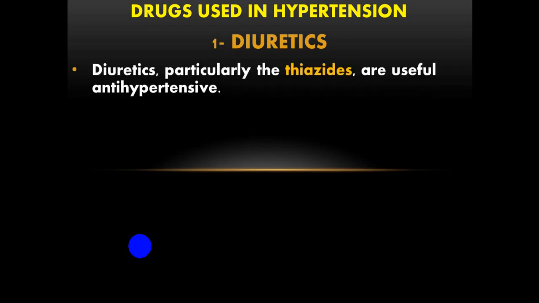So, what are the drugs used in hypertension? First group of the drugs, diuretics. Today we'll discuss some of these diuretics because Dr. Rasha will discuss diuretics in detail in separate lectures. Now we'll give you highlights about some diuretics used for control of hypertension. So diuretics. The most common diuretics used for the control of hypertension are the thiazide group.